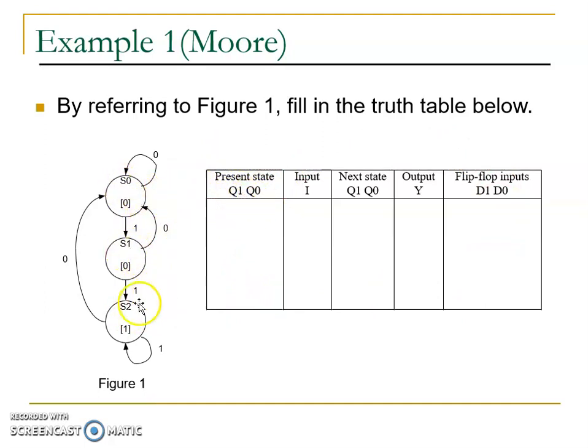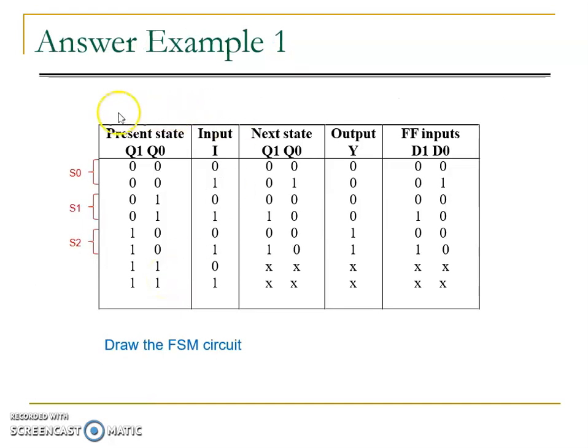Due to 3 states, your present state and next state will be 2 bits. S0 is represented by 0, 0, S1 by 0, 1, and S2 by 1, 0. So we complete this truth table like this. For state S0, we have 0, 0, S1, 0, 1, and S2, 1, 0.